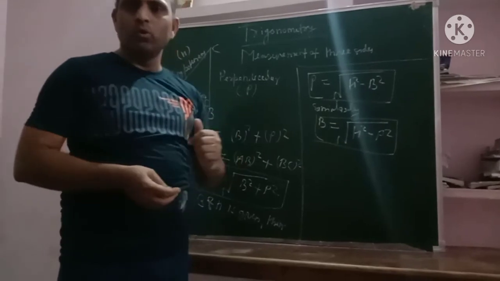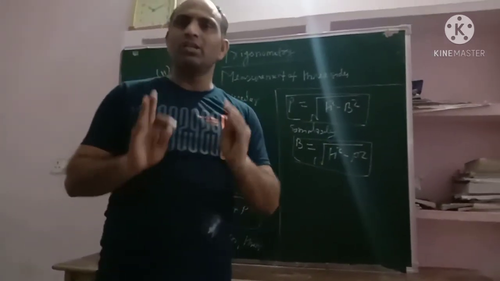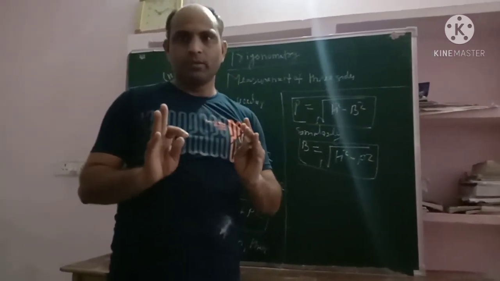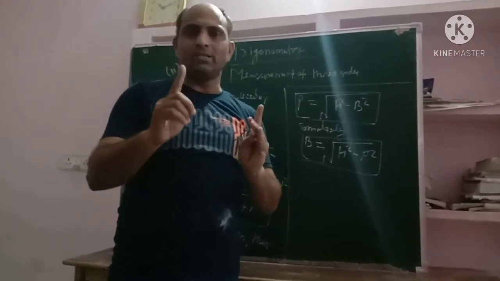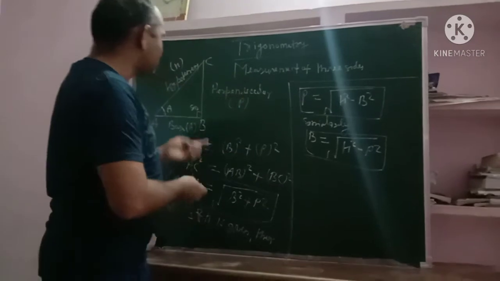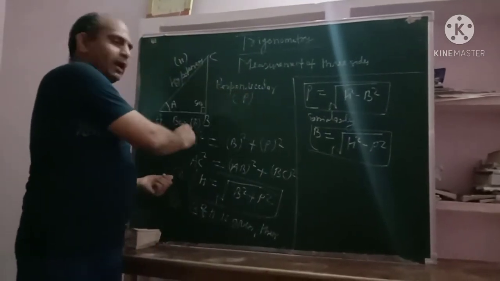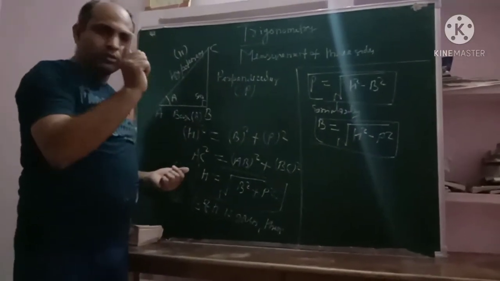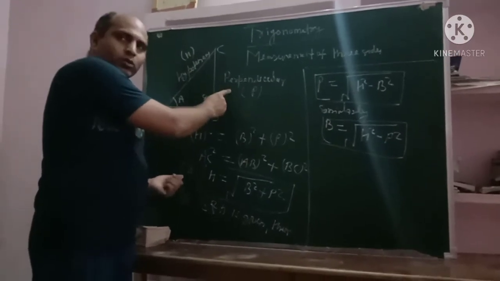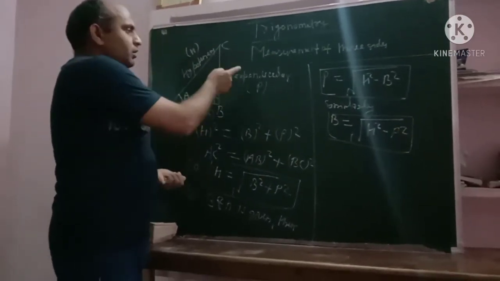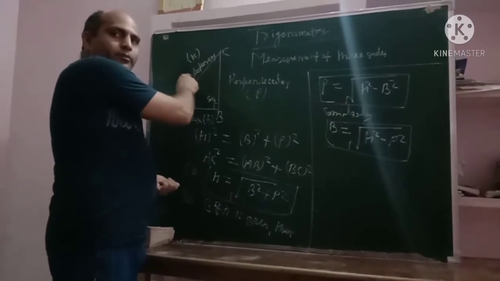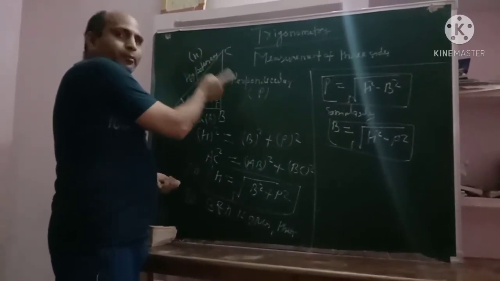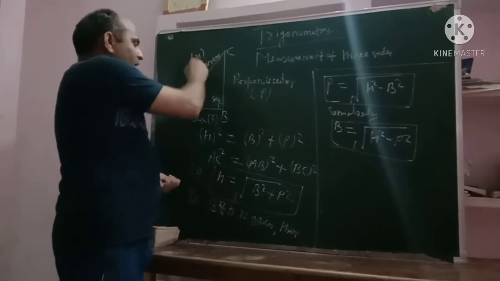As we know, there are 6 trigonometry ratios, made by taking the ratio of two sides at a time: perpendicular and base is one ratio, base and perpendicular is another, perpendicular and hypotenuse is the third, then hypotenuse and perpendicular, and hypotenuse and base.